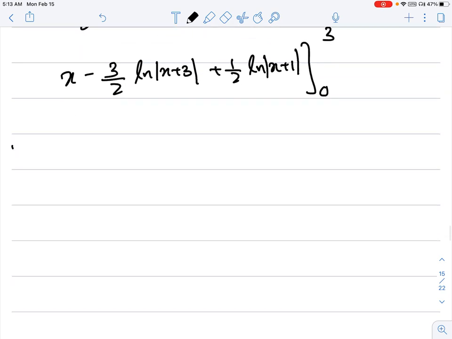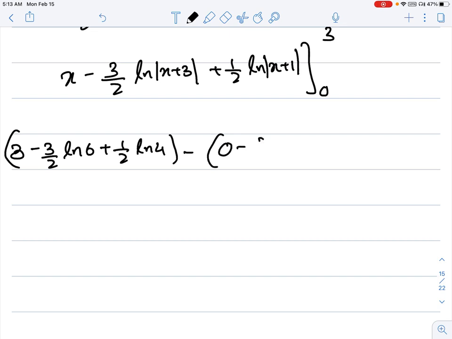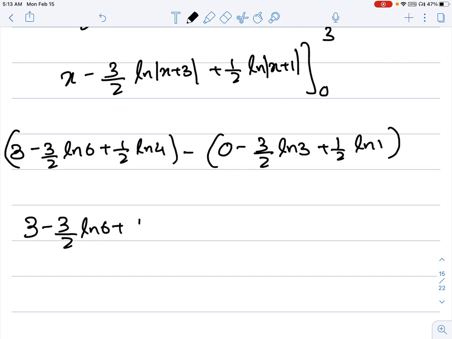Apply 3 minus 3 upon 2 ln 6 plus 1 upon 2 ln 4. Substitute the lower limit 0 minus 3 upon 2 ln 3 plus 1 upon 2 ln 1. Simplify. 3 upon 2 ln 6 plus 1 upon 2 ln 4 can be written as 2 square plus 3 upon 2 ln 3. ln 1 is 0.